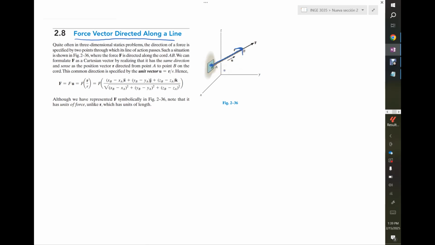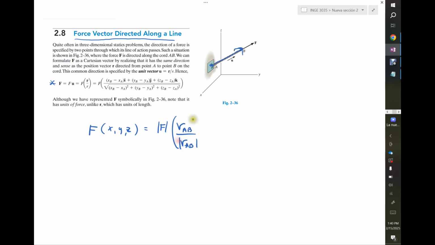That's important, because according to what we have here, I'm going to write it here: the force in any x, y, and z direction will be equal to the force magnitude, which is a number, multiplied by the position vector called r. In this case, I'm going to call A toward B, so it's going to be called AB, divided by the magnitude of that vector.